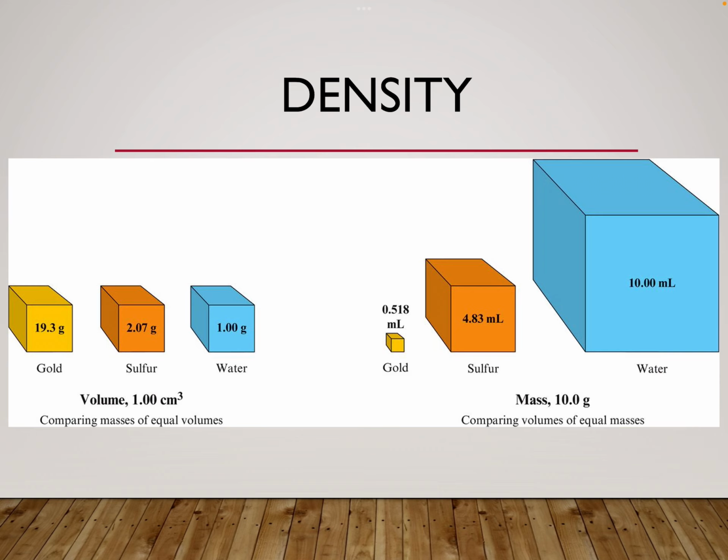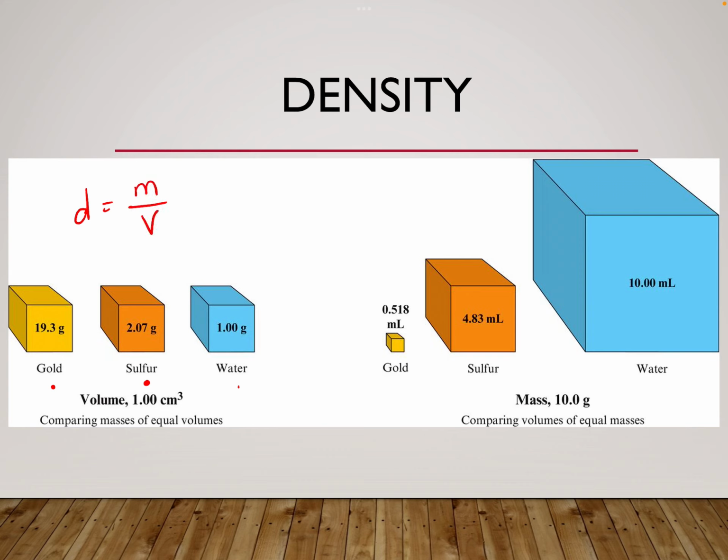So I kind of like this depiction. Here are 3 different substances, and you see that they all have the same volume. If they all have the same volume, then the one with the highest mass has the greatest density, because remember, density is equal to mass over volume.